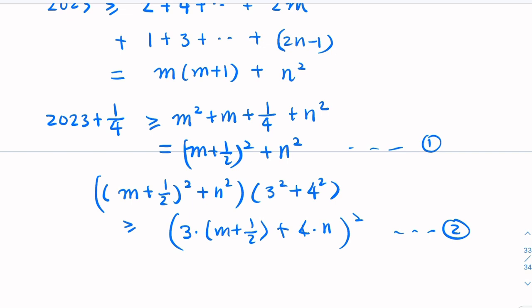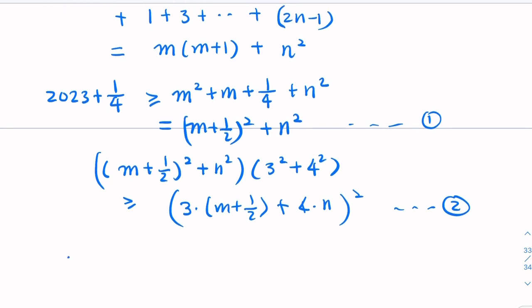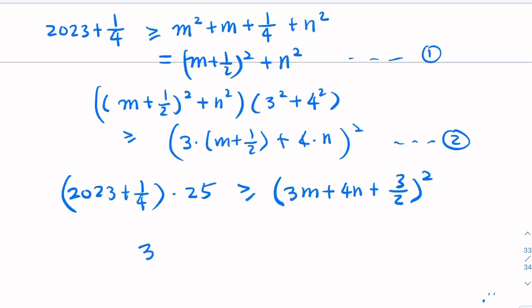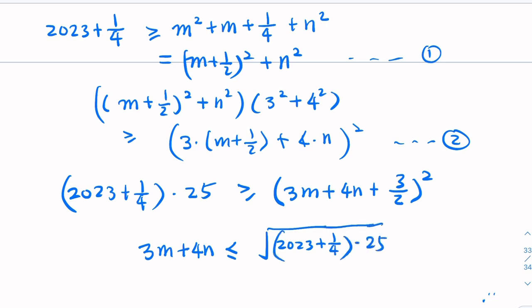When we combine them, what we have is 2023 plus 1/4 times 25, right? 3 squared plus 4 squared is 25, greater or equal to 3m plus 4n plus 3/2, squared. So 3m plus 4n is less or equal to the square root of 2023 plus 1/4 times 25, and then minus 3/2.